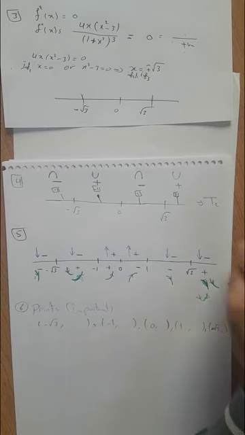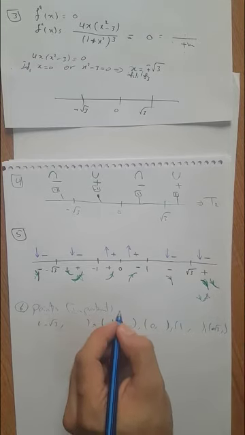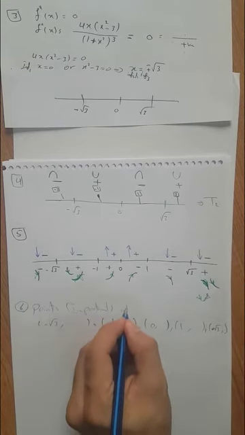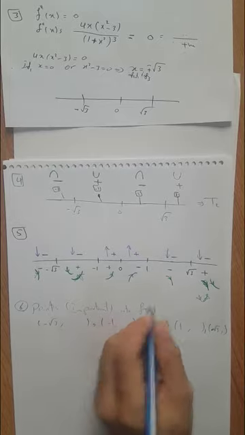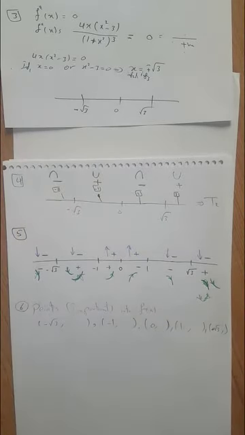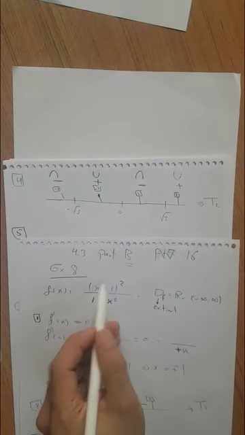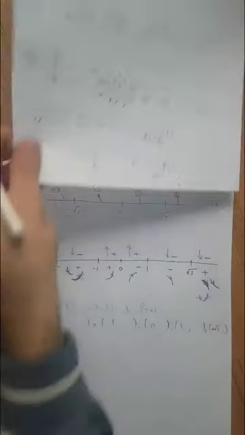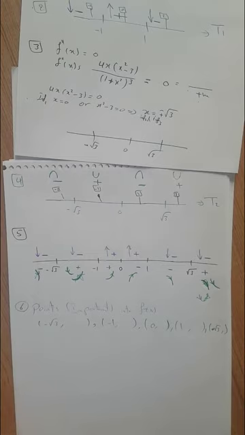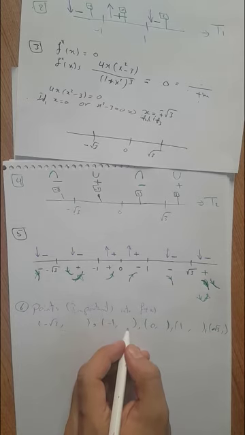How do you find these important points? Put them into f of x, the function that you have. Because I have not enough time for finding all these points, I'm going to mention some points here.